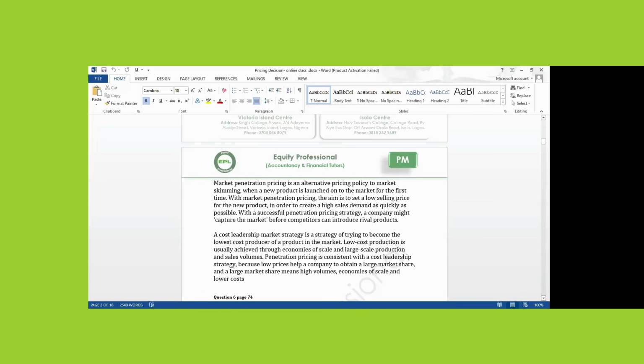Over time, the company starts increasing its price too. The objective is to capture a larger size of the market. Once you have captured a larger size, you can now increase your price gradually.